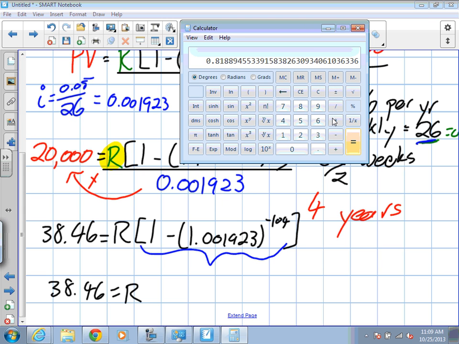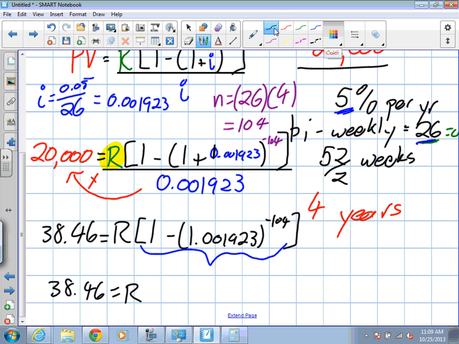I then take that number and subtract it from 1. I'm going to do something in my calculator where I do this and then add 1. So the simplified version of this bracket is 0.1811. Oh, I said too many 8s. I'll explain it in 1 second.